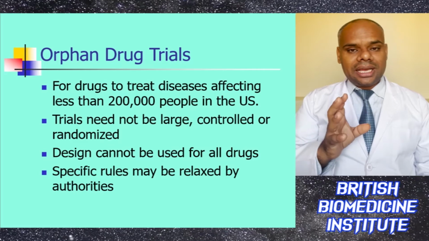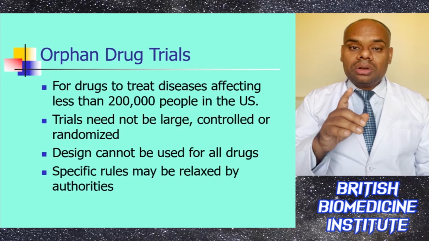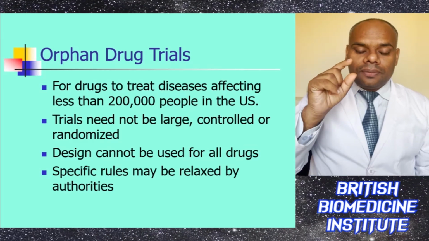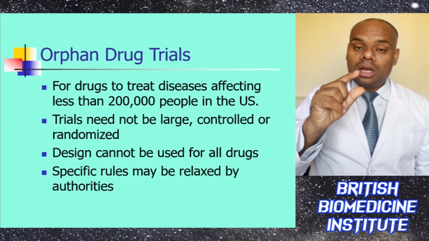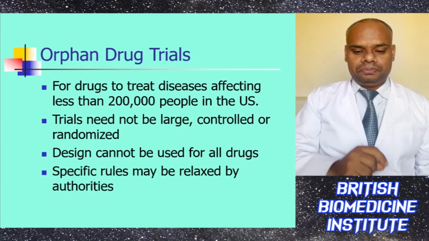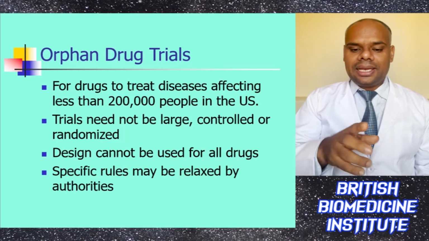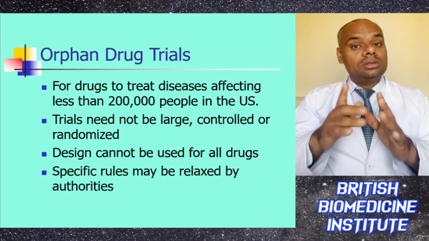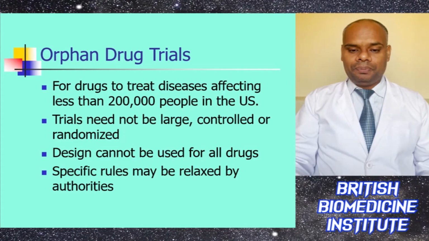And basically these trials are not large, they are not controlled, and they are not randomized because the prevalence rate is 1 out of 50,000 or 1 out of 2 million. Design cannot be used for all the drugs, and specific rules are basically relaxed by the regulatory authorities.